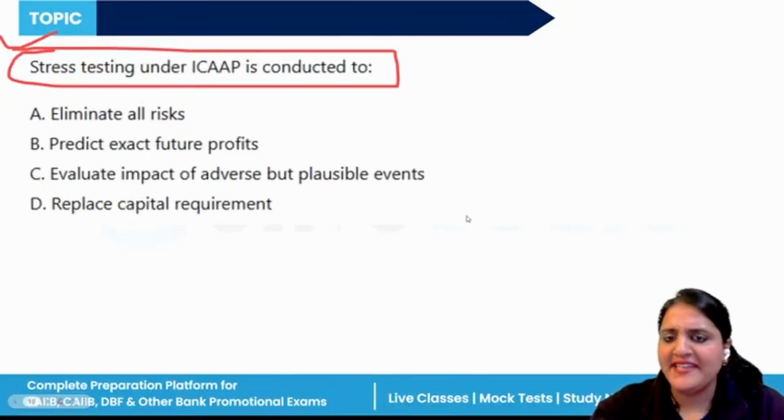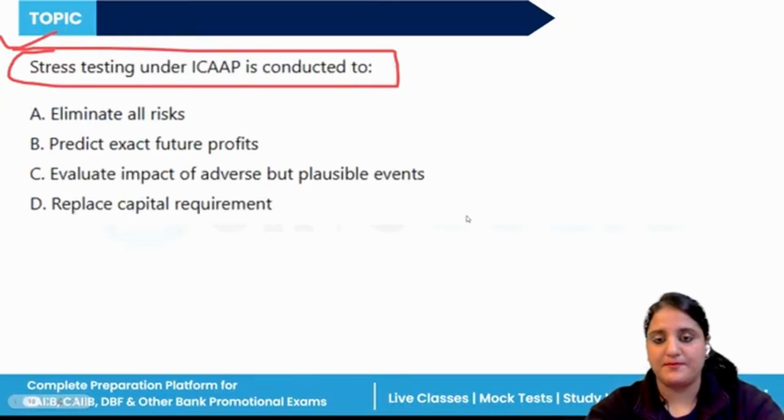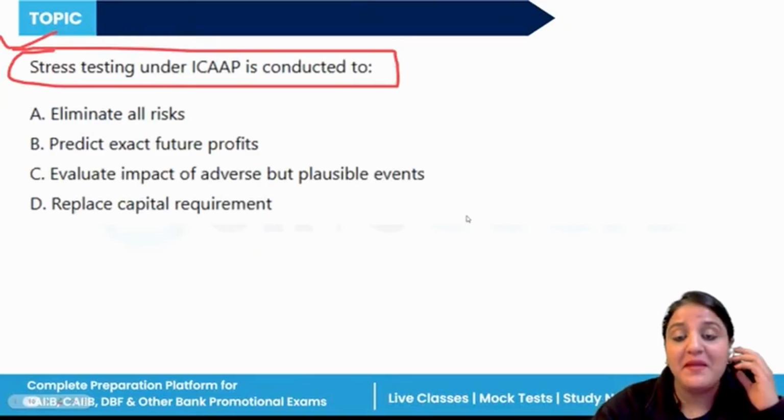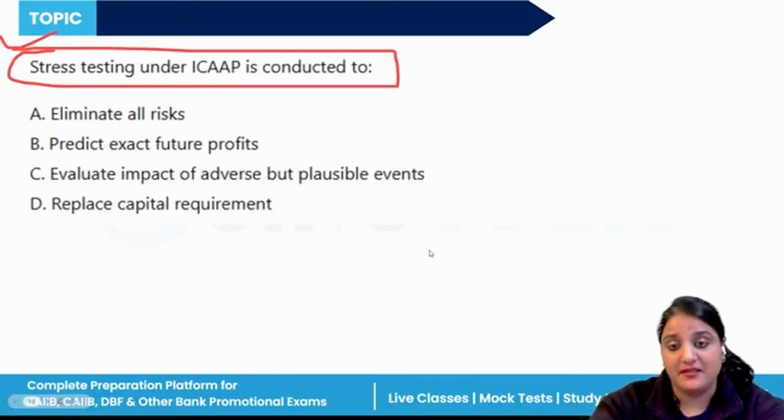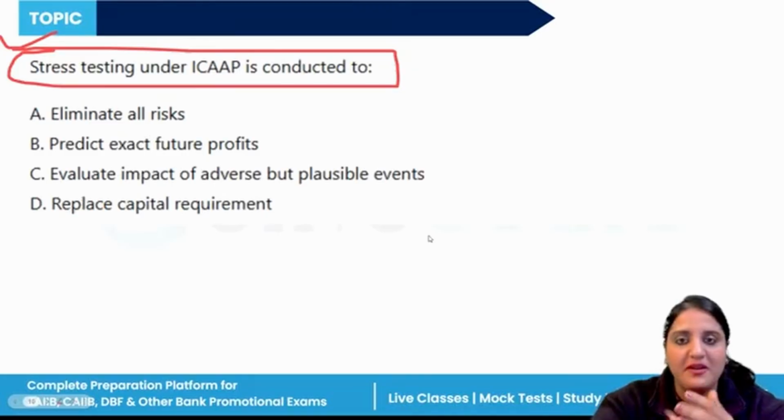As a part of ICAAP, banks have to conduct periodic stress tests. It covers all the material risk exposures. It tests unlikely events, for example, a global financial crisis, pandemic, sharp currency depreciation.